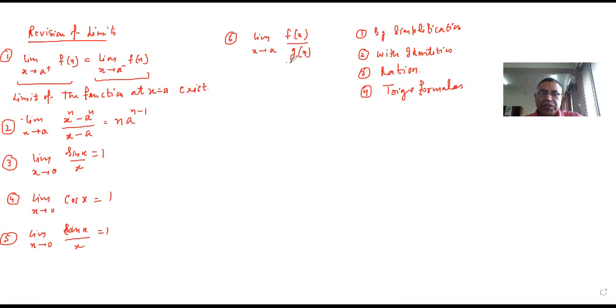We can make g(x) free from 0 by all these means. Once it is free from 0, then you substitute the value of the constant in the function, and you can get the answer. So these 6 ways broadly are there.